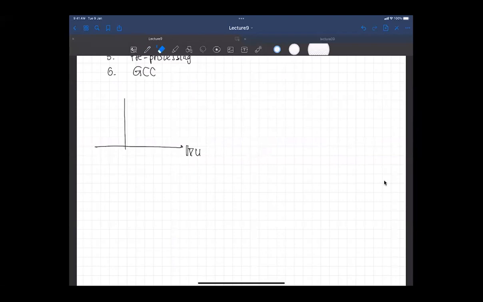So imagine that we have nabla u, or perhaps just u. Here is u. For any value of u, you have a quadratic function on nabla u.